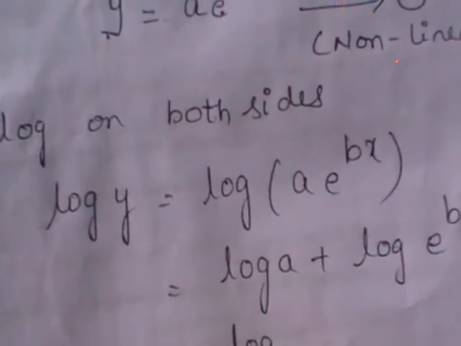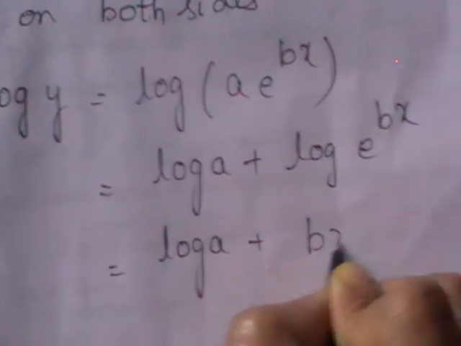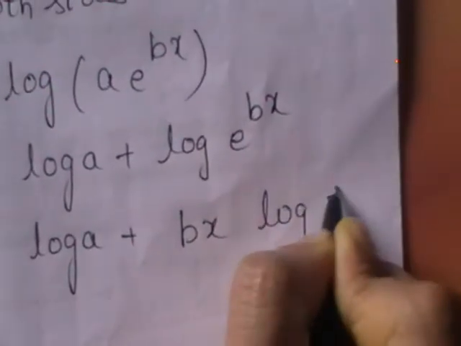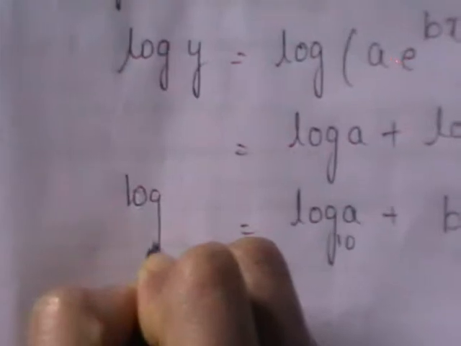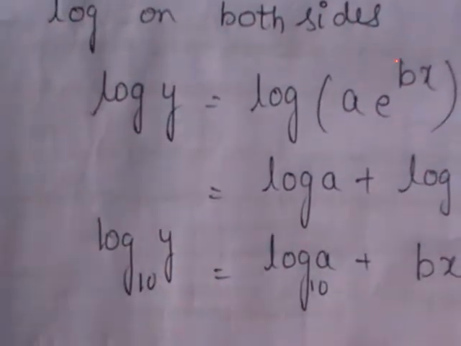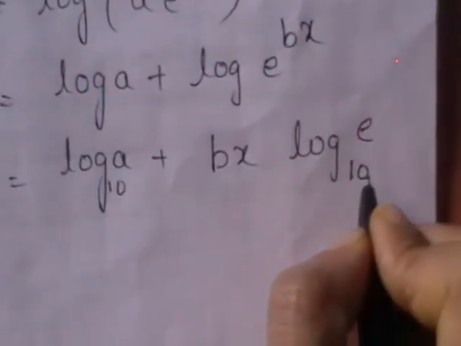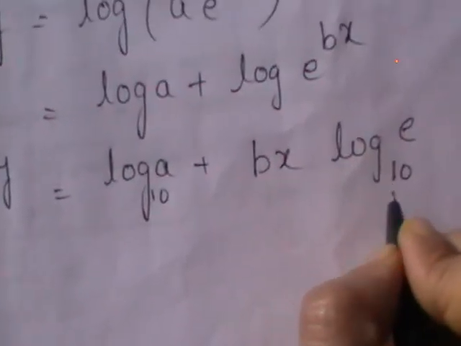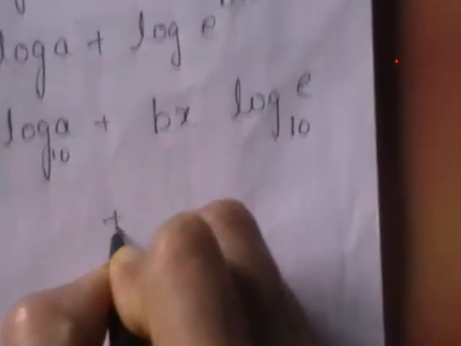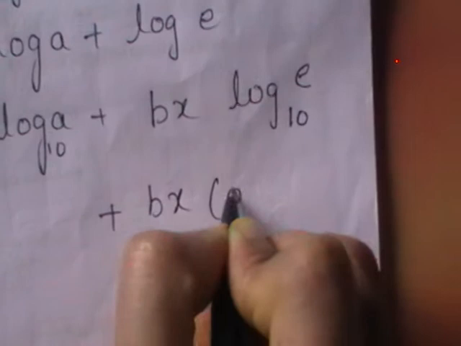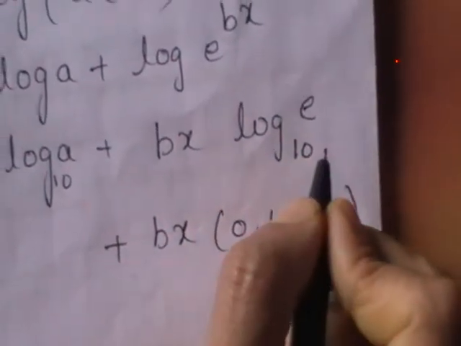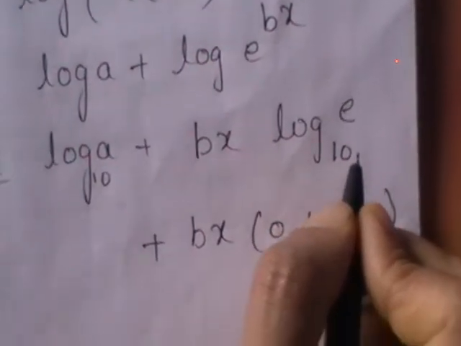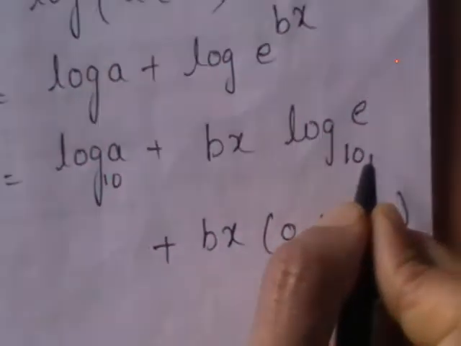This is again log a, plus bx log e. Let us take all these logarithms to the base 10. Then log e cannot be 1. If you take your calculator, this value will be around 0.4343. At last I'll tell you how you will get this value. Log e to the base 10 is 0.4343.